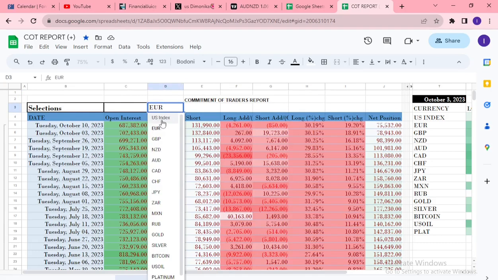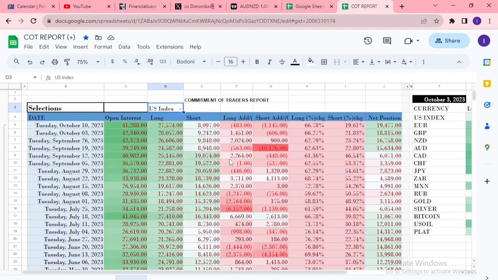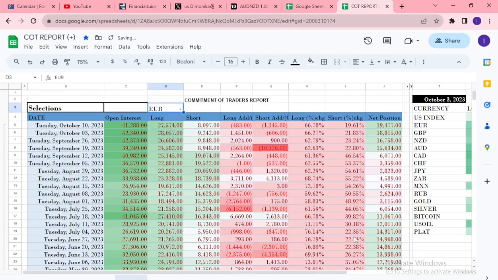These are the data that show us how they are buying and selling different things like the indices, the metals, the currency. So let's look at the euro first, then we go and look at the US index.